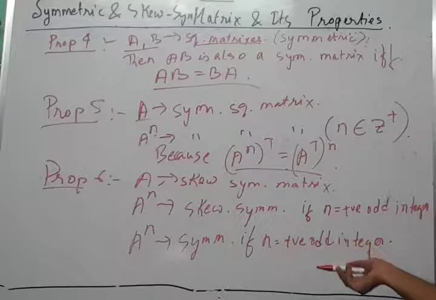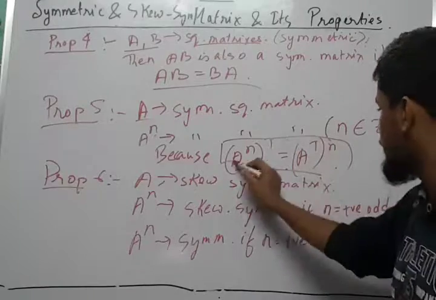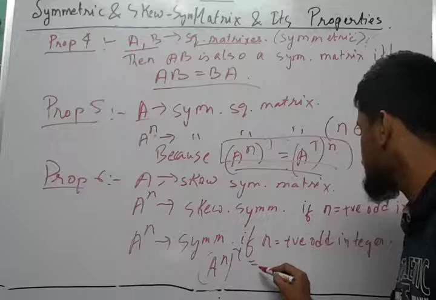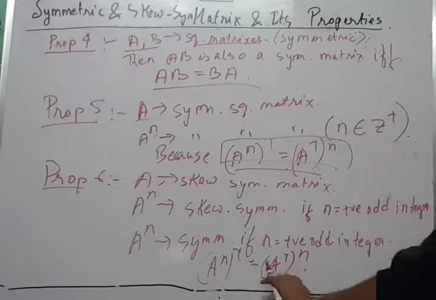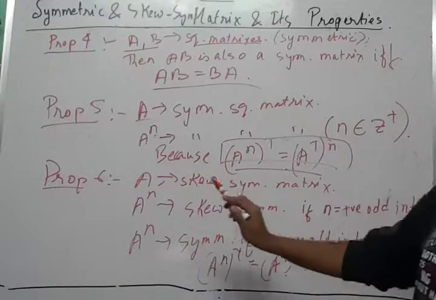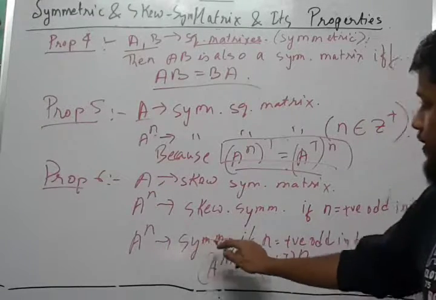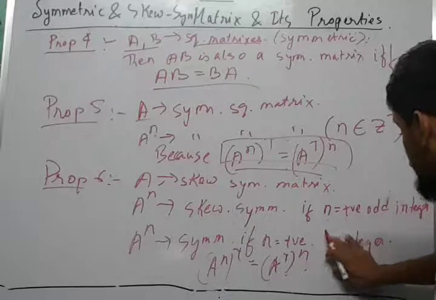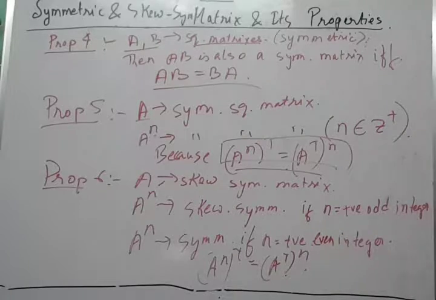And what is the reason? The reason is the same as this one, where we wrote that the transpose of A^n is equal to the nth power of A transpose. Because of this condition, we get that if A is a skew symmetric matrix, then A^n gives us a skew symmetric matrix if n is a positive odd integer, and A^n gives us a symmetric matrix if n is a positive, I wrote odd over here, it's not odd, rather even, positive even integer.